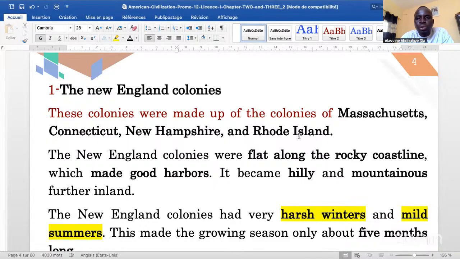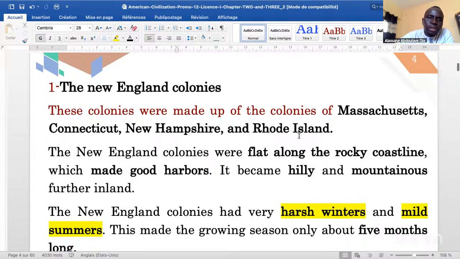If I ask you what group Massachusetts, Connecticut, New Hampshire, and Rhode Island belong to, tell me they belong to the New England colonies. Or if I ask what the New England colonies are, tell me the New England colonies are Massachusetts, Connecticut, New Hampshire, and Rhode Island.